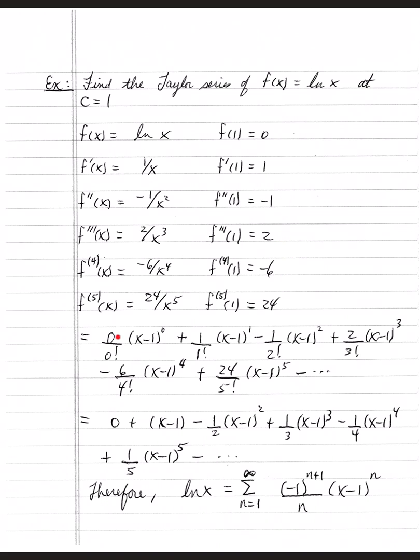Because the first term has a numerical value of 0, that first term goes to 0. 1 over 1 factorial, that's 1, so we have x minus 1 to the first. 1 over 2 factorial is 2, so 1/2 x minus 1 squared. 2 over 3 factorial, 3 factorial is equal to 6. 2 over 6 is 1/3, x minus 1 cubed. 6 divided by 4 factorial, 4 factorial is 24. 6 over 24 is 1/4.